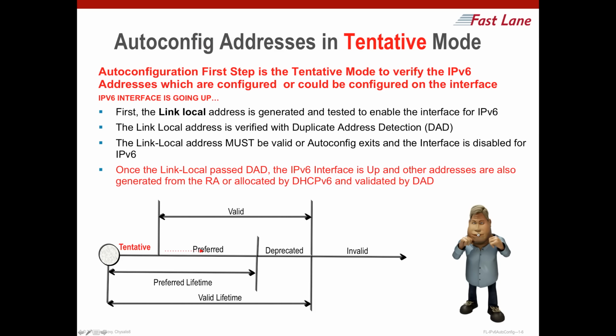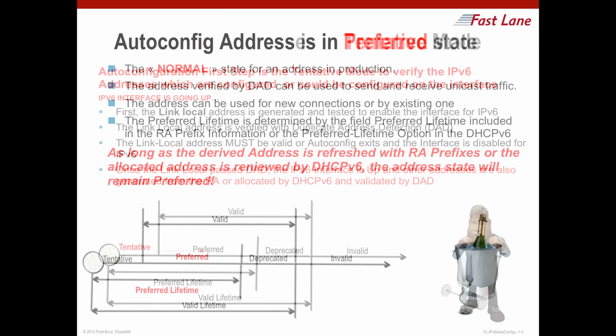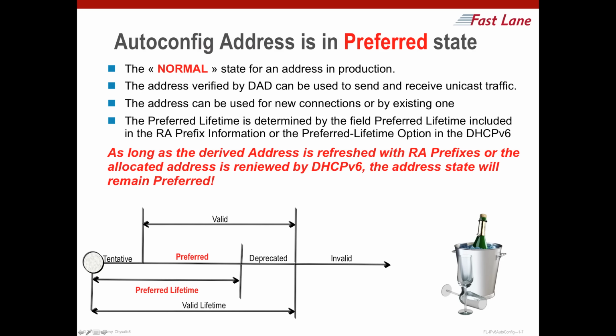It is going to perform duplicate address detection to make sure that this address is not a duplicate. If the link-local address is found unique, then we can go to the next level and find some more configuration, some more addresses. So the next state for autoconfiguration is the preferred state.